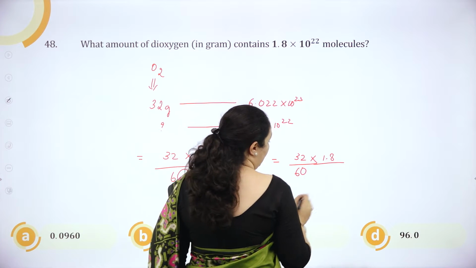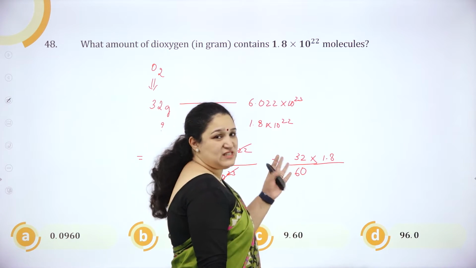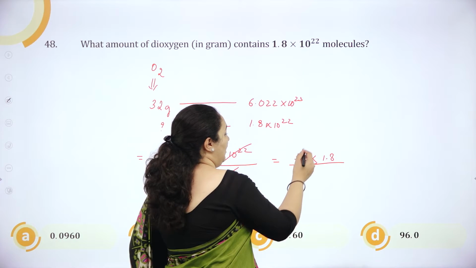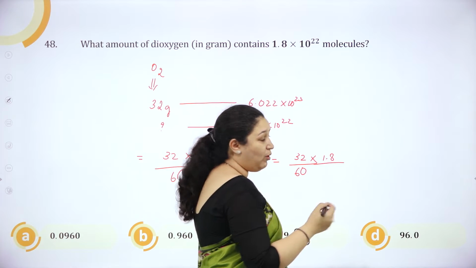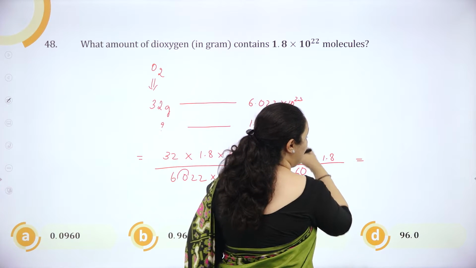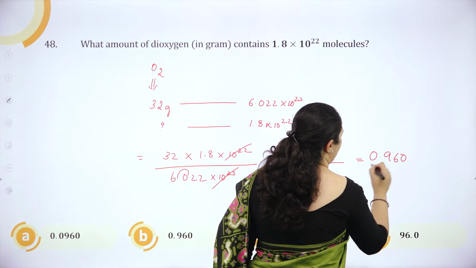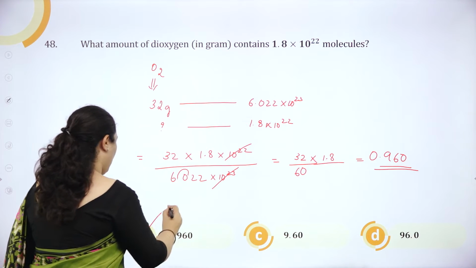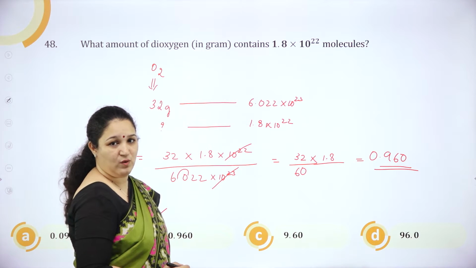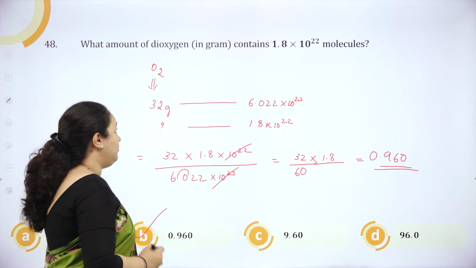If I just round off and take it as approximate, I get 0.9, or if I get the exact answer, it will be 0.960. Okay, so the answer is option B. I hope you have understood this particular problem.